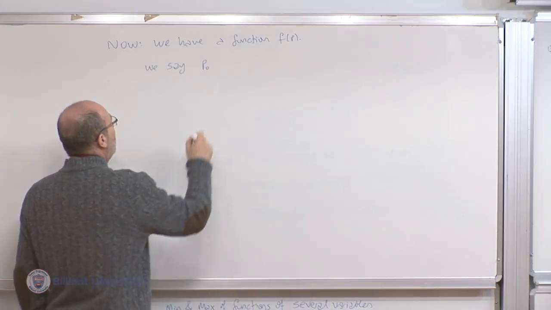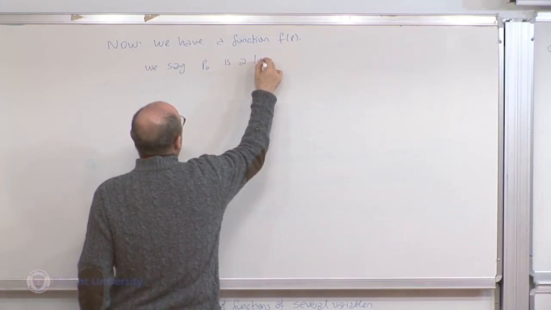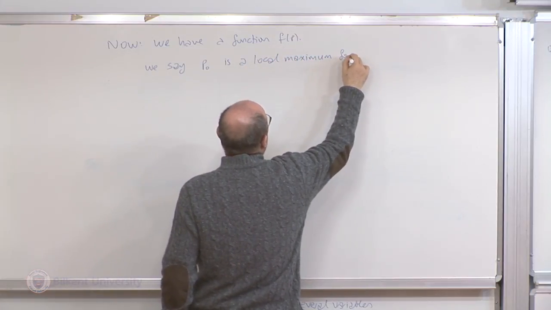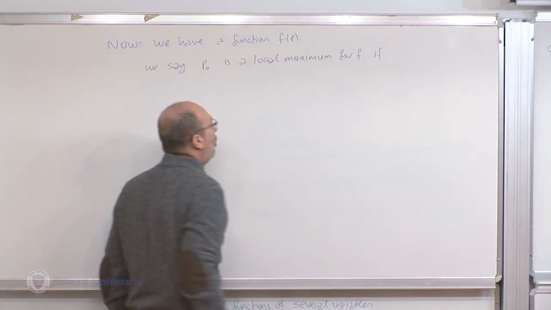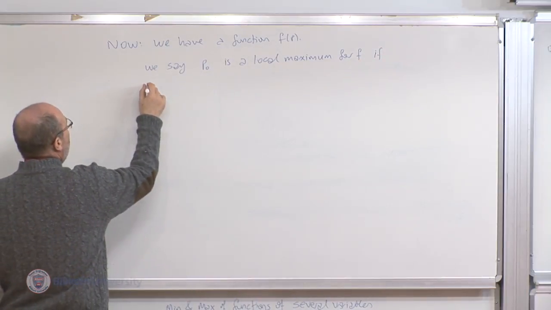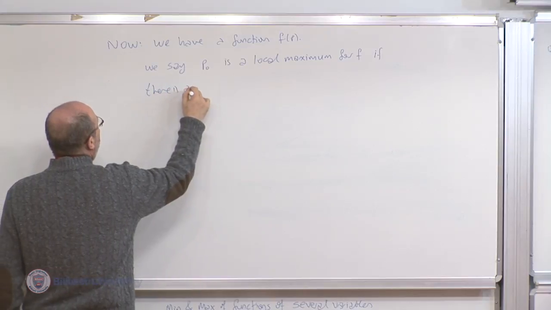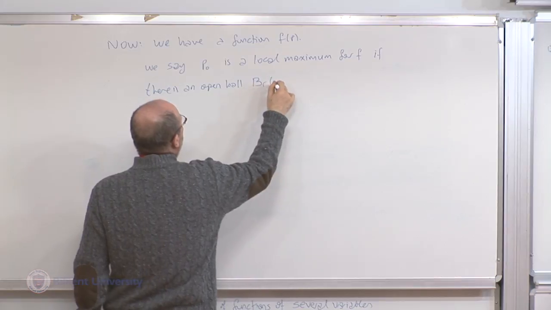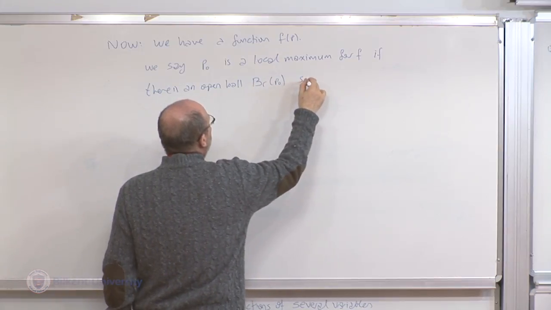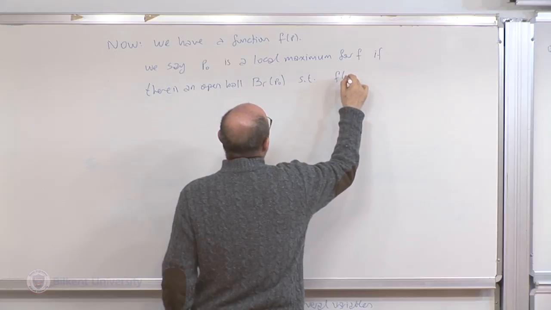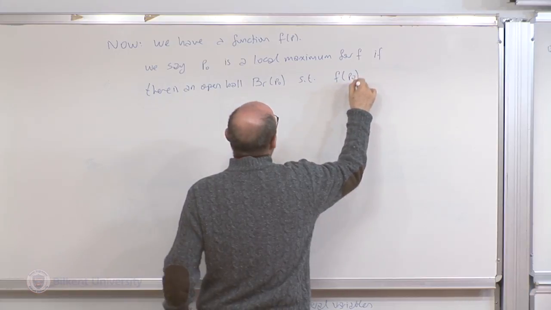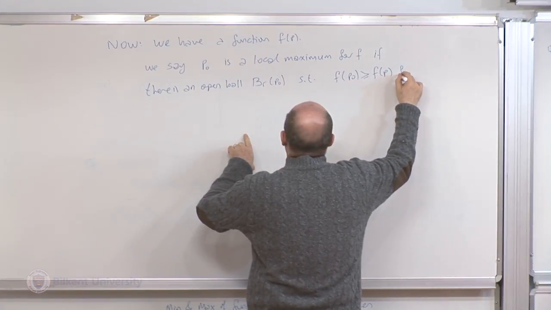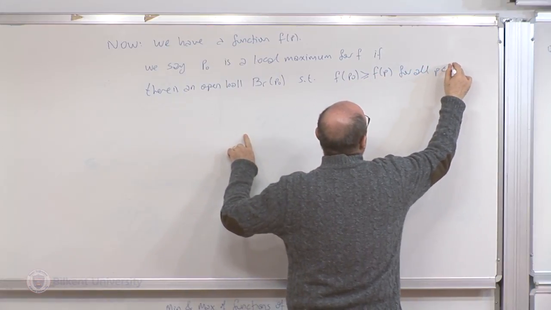We say p sub 0 is a local maximum for f if the following holds: if there is an open ball B_r(p sub 0) such that f of p sub 0, the maximum, is greater than or equal to f of p for all p in this ball.